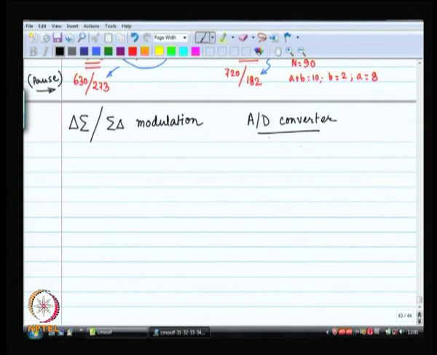Now, I will only very briefly study this, right. It is your job to go back, probably look up the appropriate course or look up a book. There are books written about sigma delta modulators, or read some good reference papers.